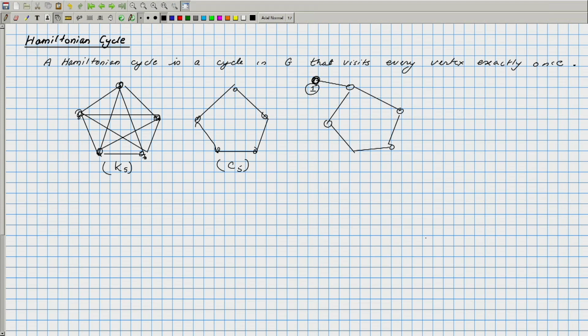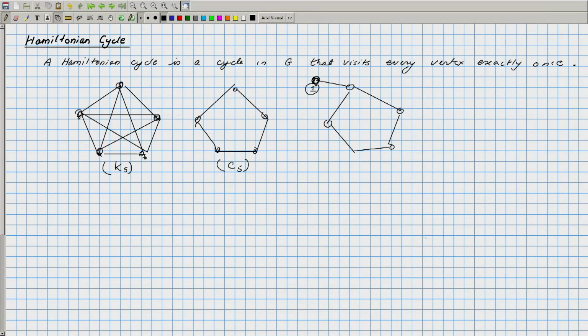So, in these examples, it was easy to see whether the graph contained a Hamiltonian cycle or not. Unlike the Eulerian cycle problem, the Hamiltonian cycle problem is not very easy to solve. So, we will see a particular example. We will again look at our Peterson graph.